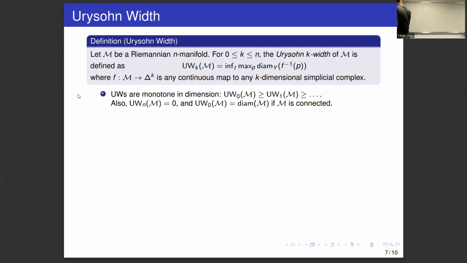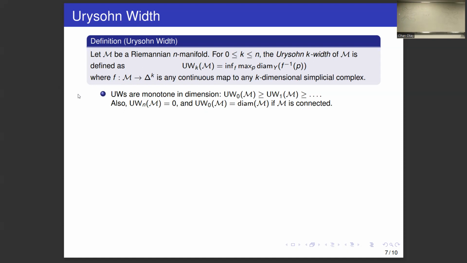And if this K width is very small, then I'm going to call that manifold essentially K dimensional. So, for example, 0 width means we are taking 1 point, and it's going to be the whole diameter of the manifold.